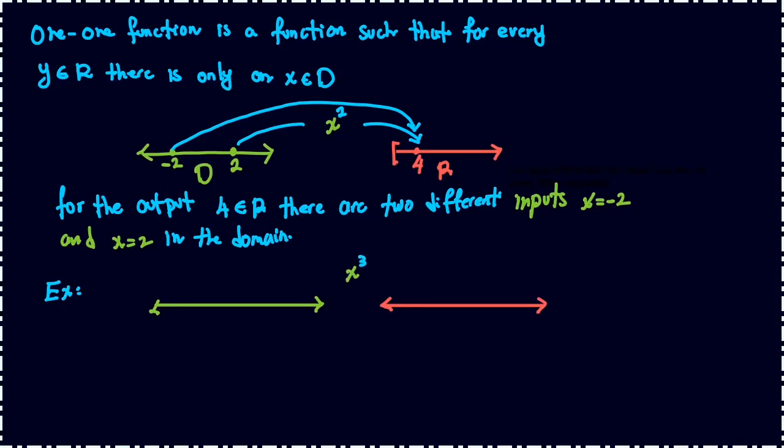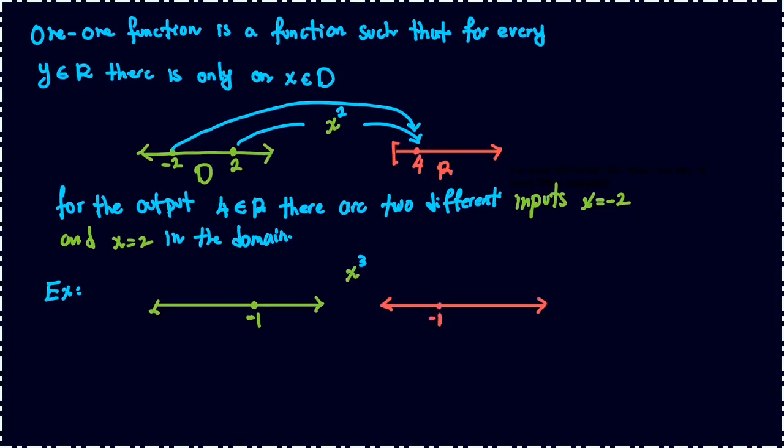All right. And let's say we take a number such as -1 in the domain of the function. The function x cubed takes -1 in, and it gives you -1 in the range.